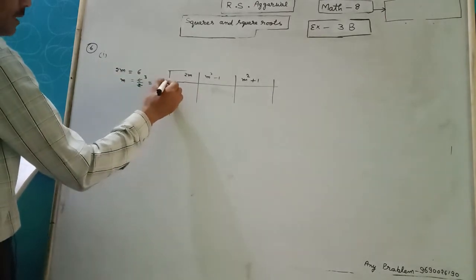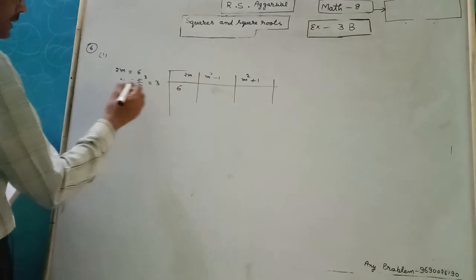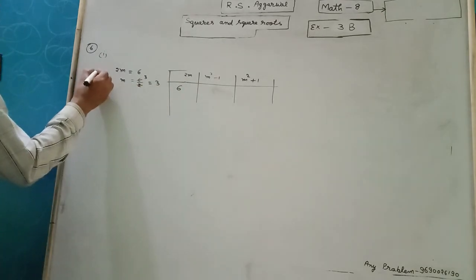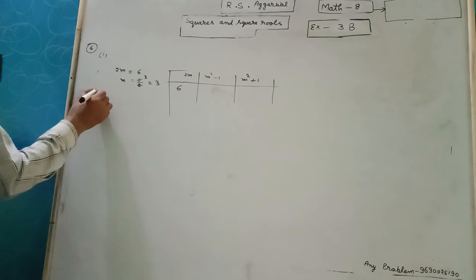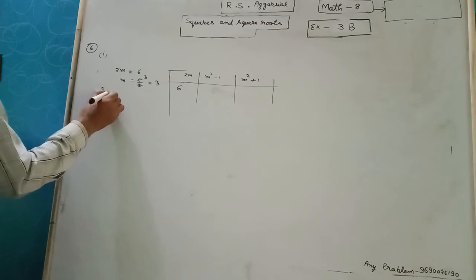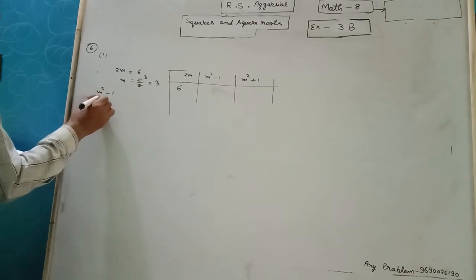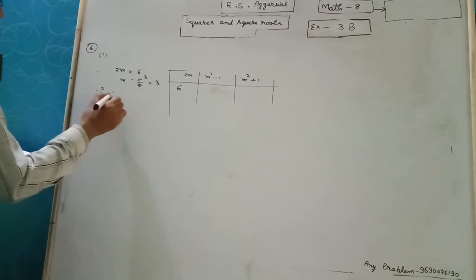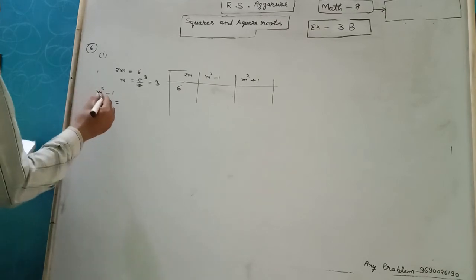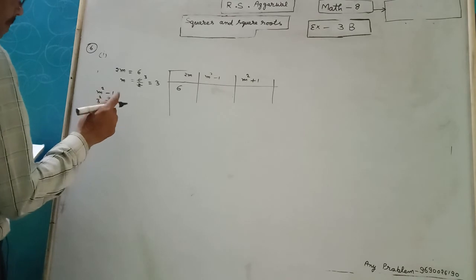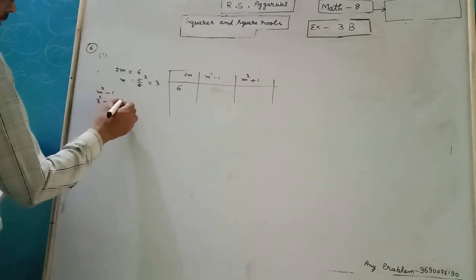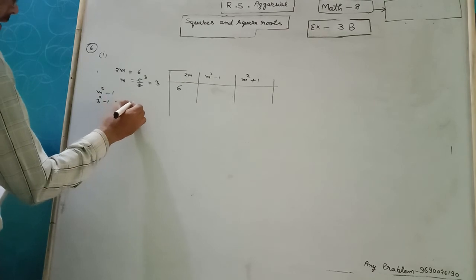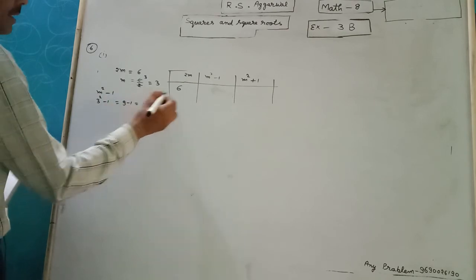So first column you write the 6, second column is right, m value is 3, m square minus 1, 3 square minus 1 is equal to 9 minus 1, after minus is 8.